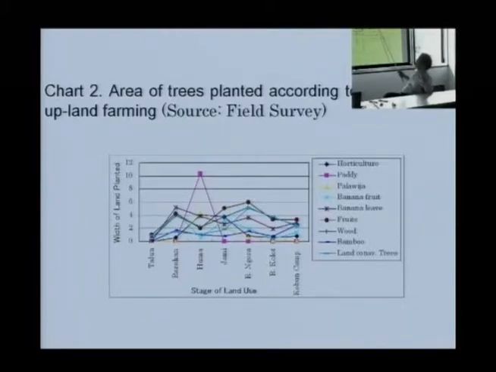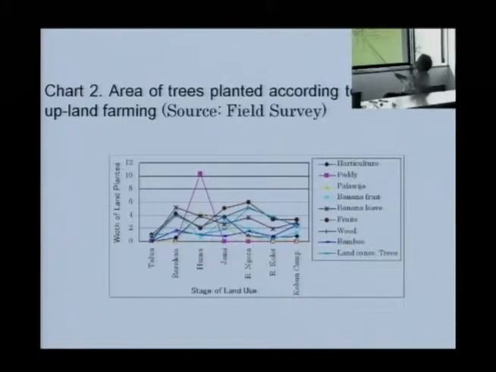The secondary crops such as potato and so on, banana, fruits, wood, bamboo. So we can see many variations. But in the Rumangora, Rumakorot, no paddy, and horticulture also decreases.